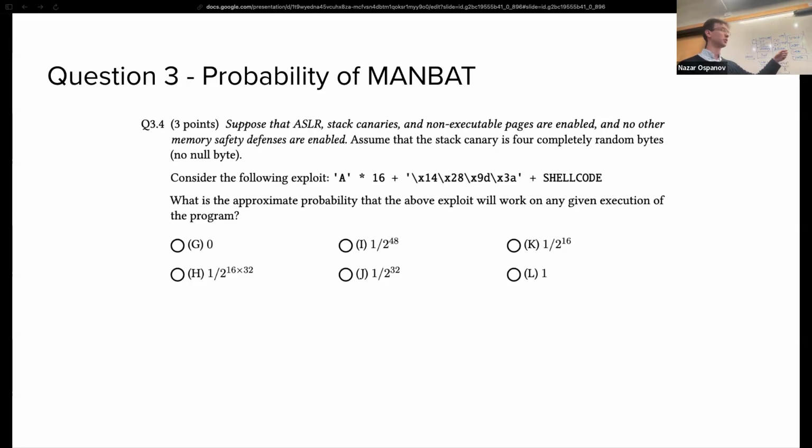Code is where all the instructions are located, and only the code segment is allowed to be executed, but you cannot write to the code segment.